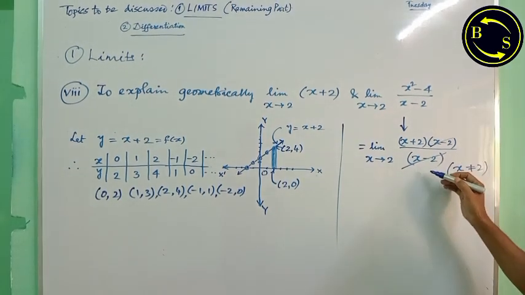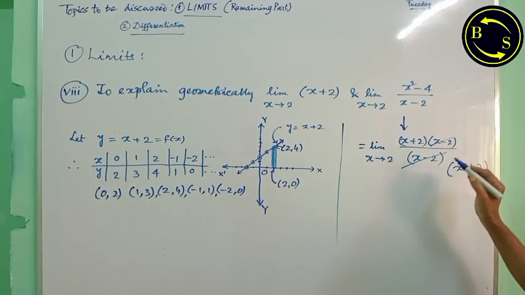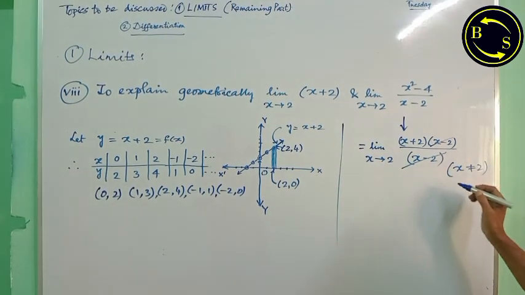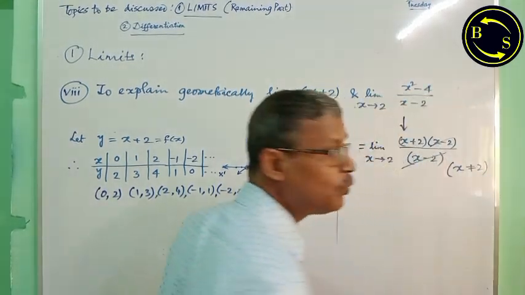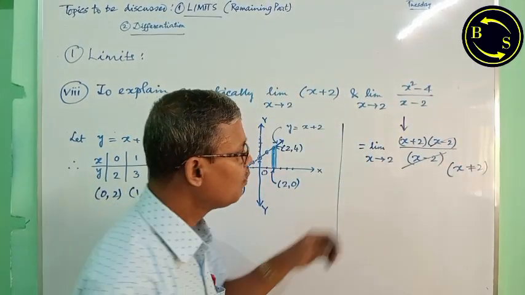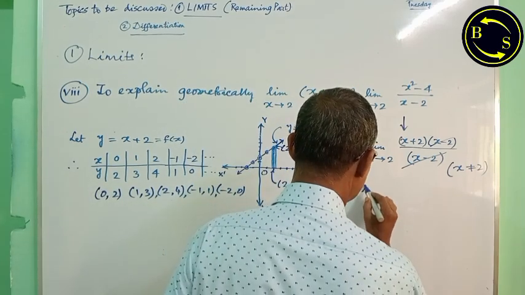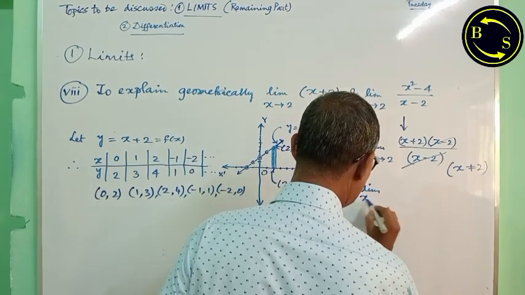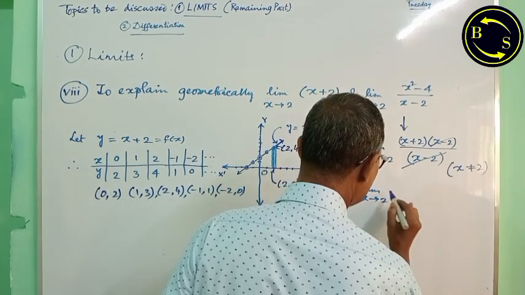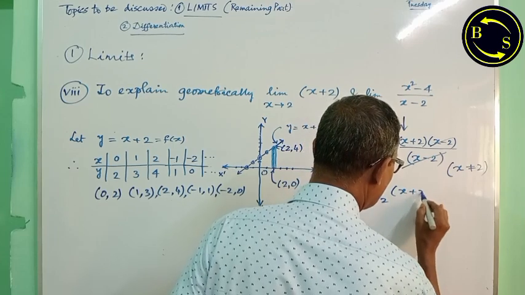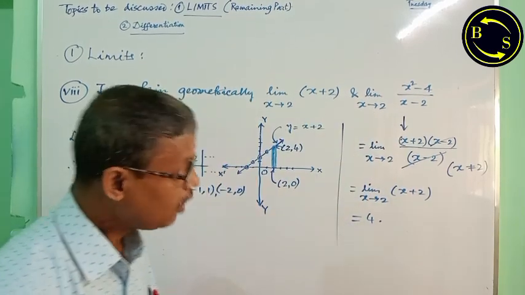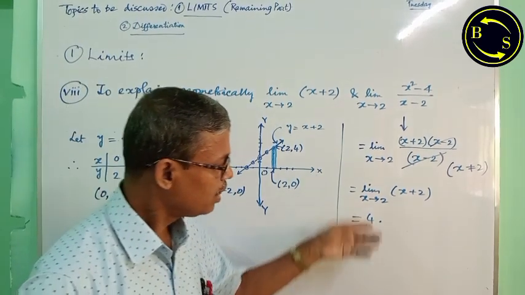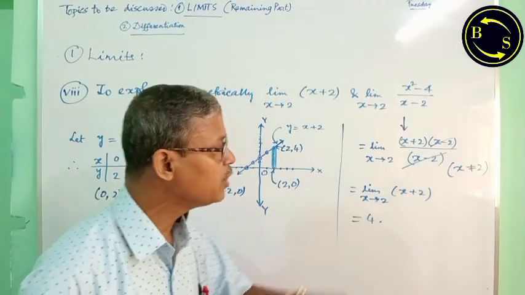Therefore, x minus 2 will not be 0. Then we can cancel x minus 2 from numerator and denominator. Finally, what do we get? Now, the value is 4, therefore the limiting value is 4.